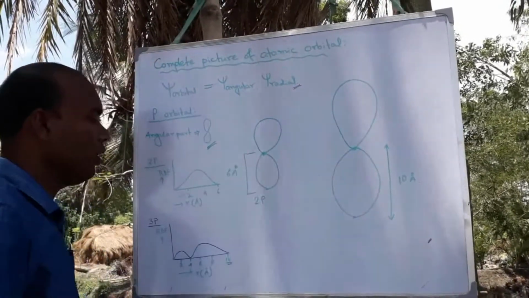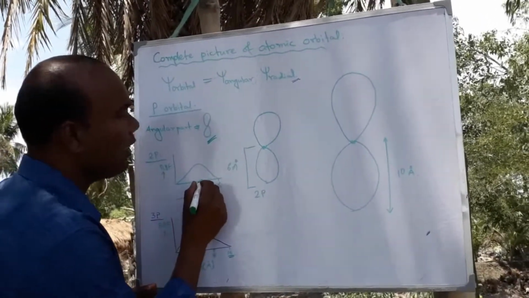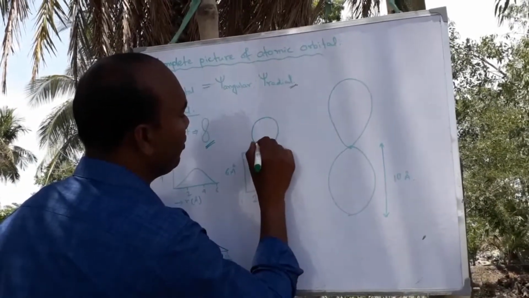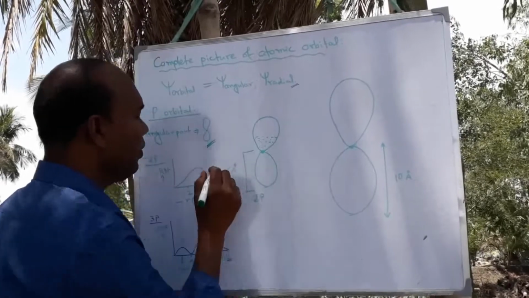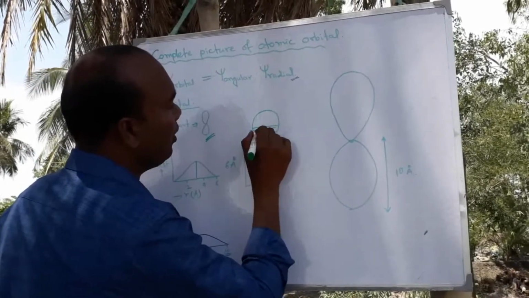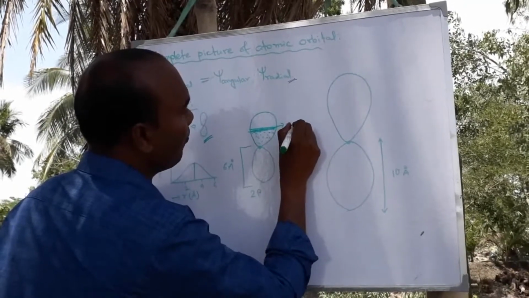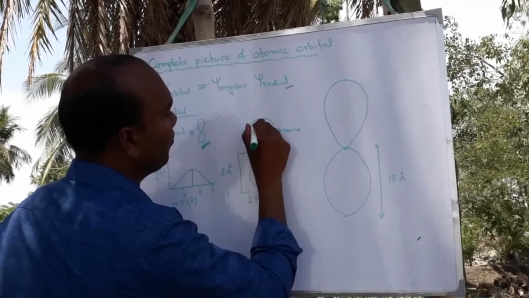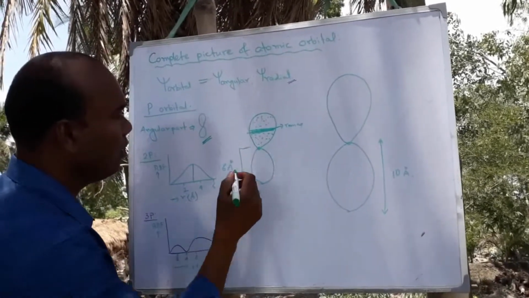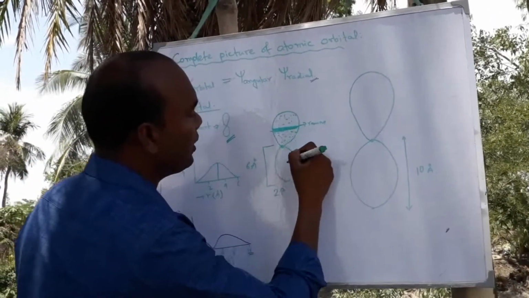Okay. Now see here, from that point if you increase the distance, then electron cloud density increases. So from that point electron cloud density will increase and you will get the maximum electron cloud at that point. So this will be your Rmax. And see the direction of R. You can find this electron on both sides of the nucleus.